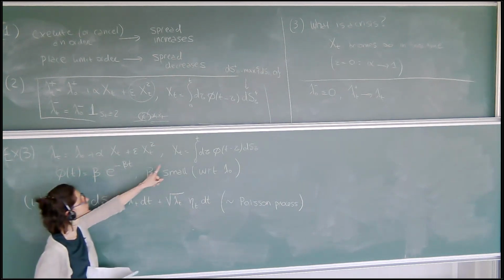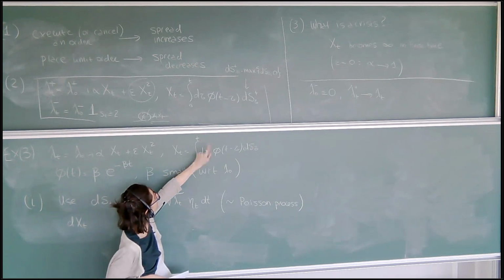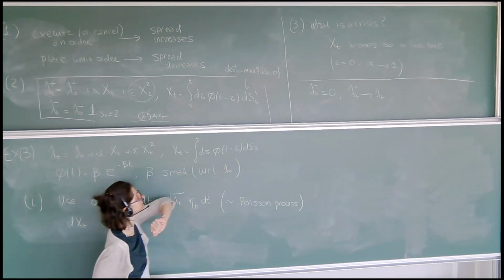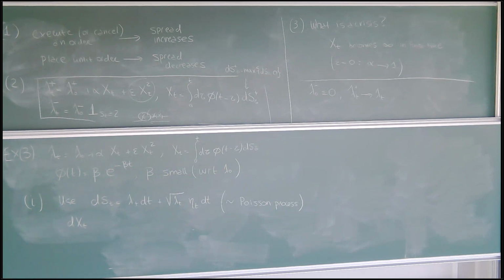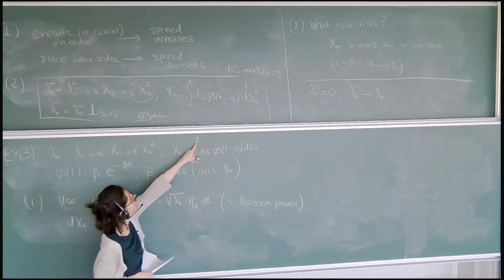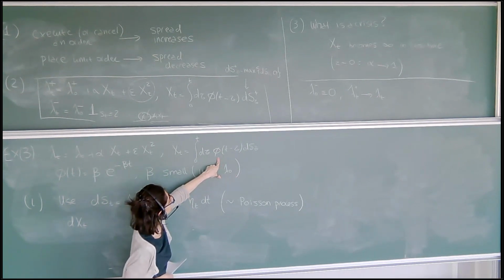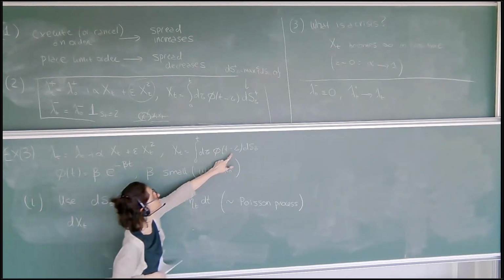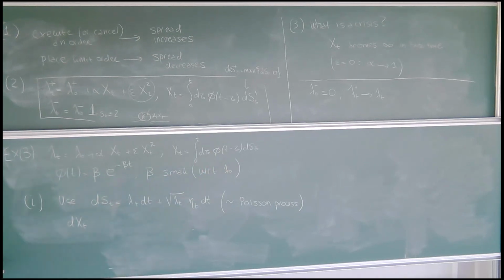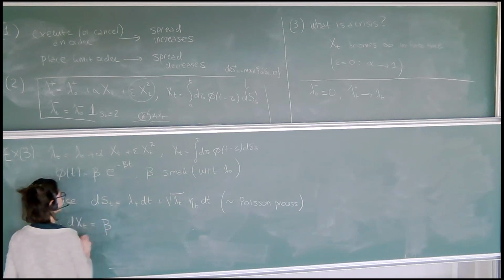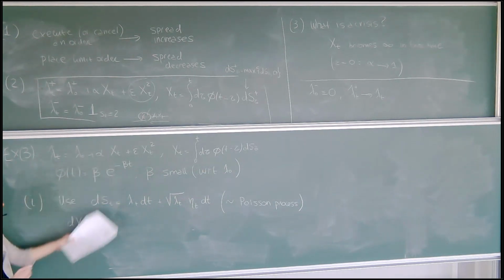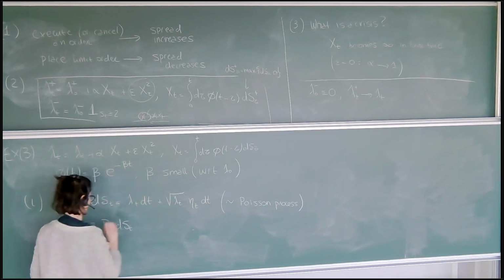Time appears twice: as an extremum of the integration, and inside the kernel. If I first take the derivative with respect to the extremum, I have to compute whatever is inside at τ equal to t. My kernel simplifies because the exponential of τ minus τ is equal to 1, so this first term gives a contribution β times dS(t).